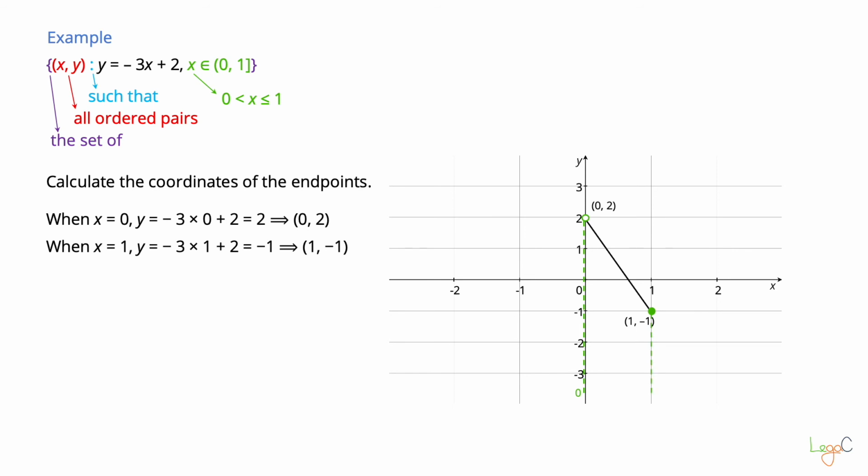So the domain is from 0 open bracket to 1 close bracket. The smallest value of y is -1 and the largest value of y is 2. So the range is from -1 square bracket to 2 round bracket.